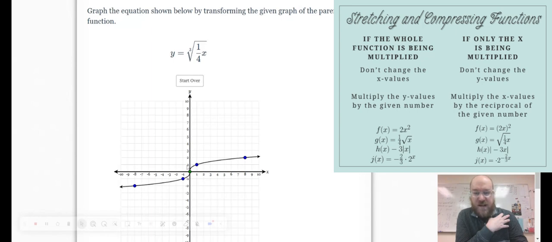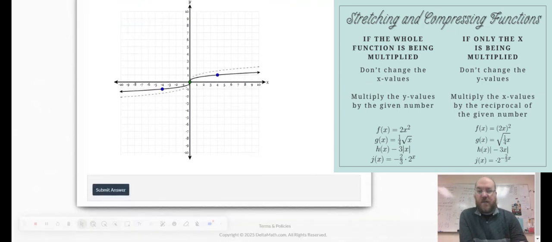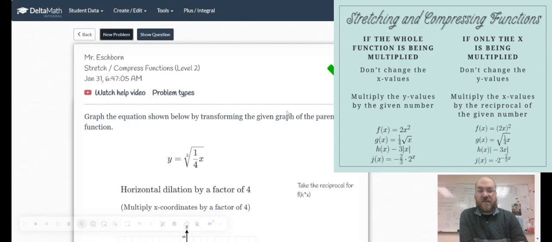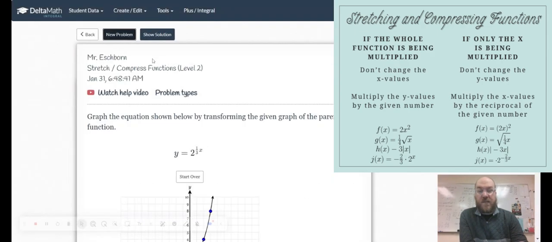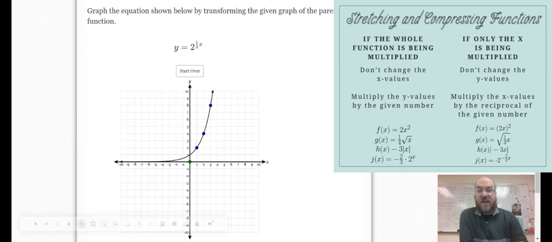So we're going to leave this dot lined up on the y-axis with 1. But we are going to multiply the x by 4. So that's going to move this dot right there. Okay? So you can see the difference of what these problems do based on where the multiplying is happening here.